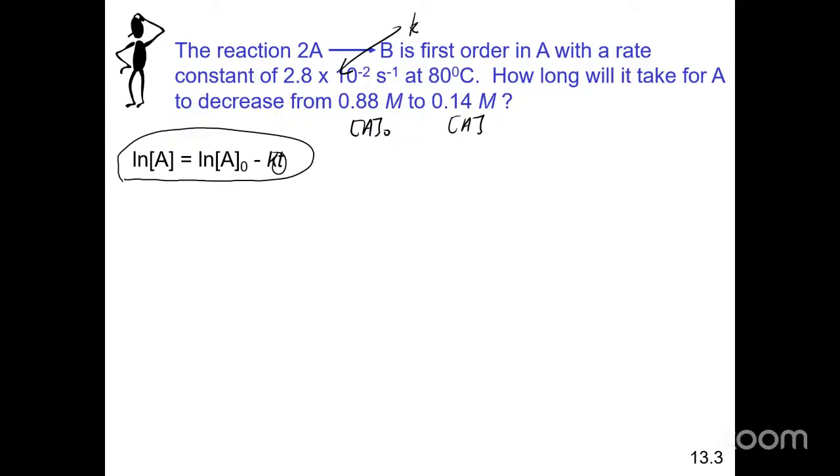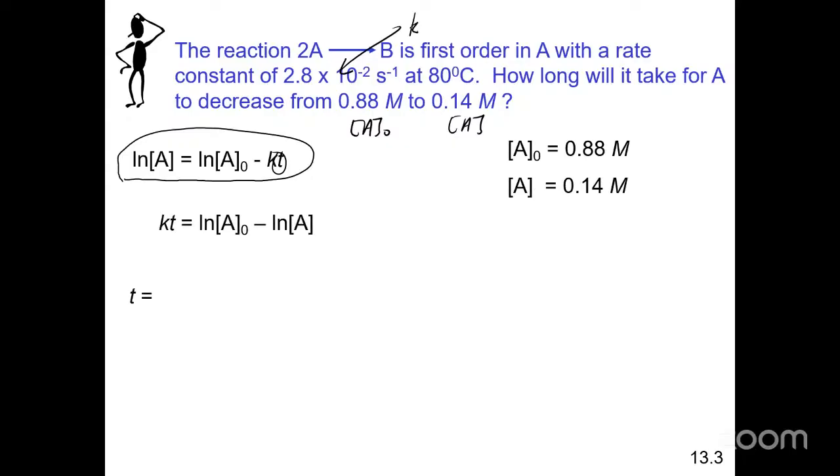So basically, you have to rearrange this equation to solve for T. So that's what T is equal to. T is equal to the natural log of A initial minus the natural log of A divided by K. And then you put the numbers in, right?